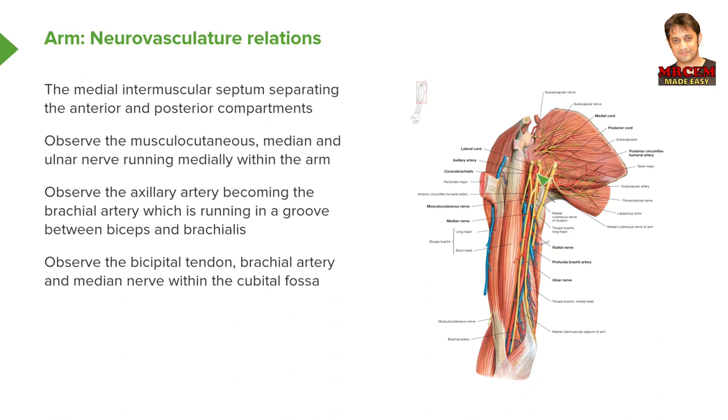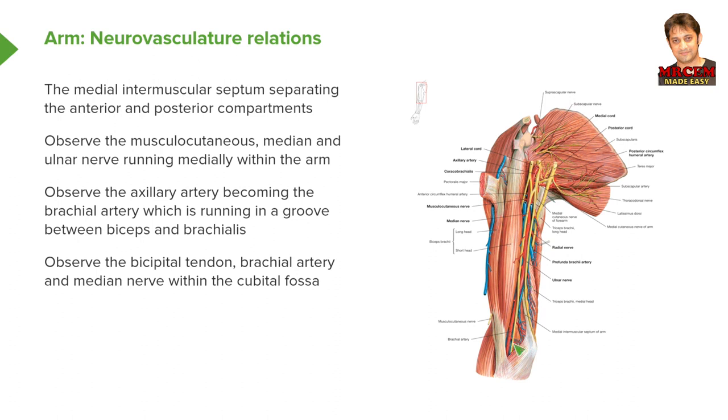Here we can pick up the axillary artery, and we can also see its relationship to the brachial plexus. As it runs down, it becomes the brachial artery. And we can see the brachial artery is running in a groove between biceps brachii and brachialis muscle. So here we've got biceps, and deep to biceps, we've got brachialis muscle just here. And in the groove between, we can see the brachial artery.